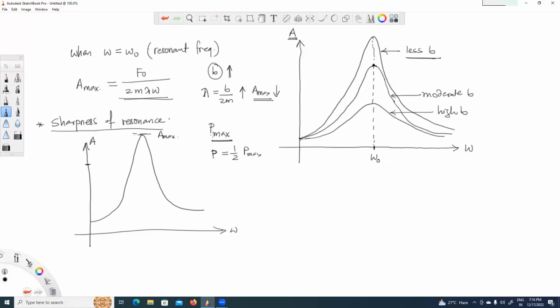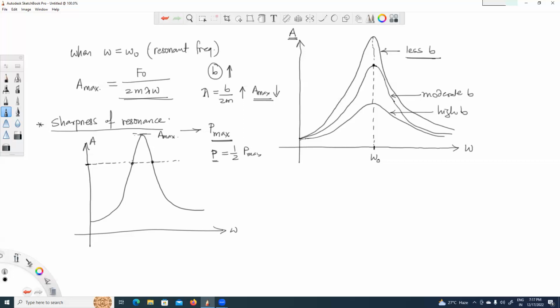So for maximum amplitude, there is a certain maximum dissipative power. Similarly, for a certain amplitude, the power corresponding to it will be half of the maximum. If I take this amplitude, for which the power is half of the maximum, I get two frequencies.